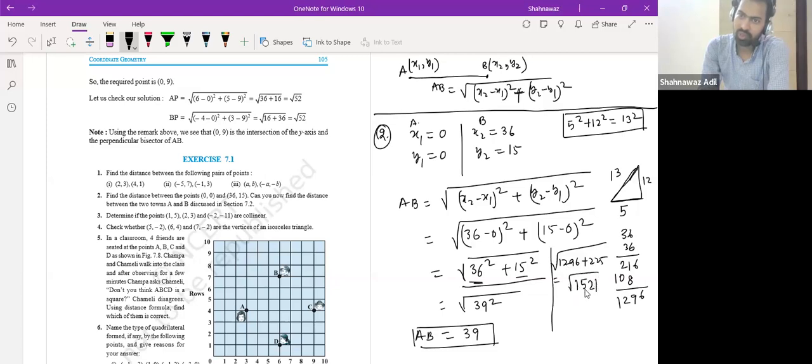So root of 1521, right? You take the root and you will get 39. So either you can do it this way or you can use the triplet idea. Understood? Yes, understood, sir. Yeah, quickly note it down and then we'll do the third problem.